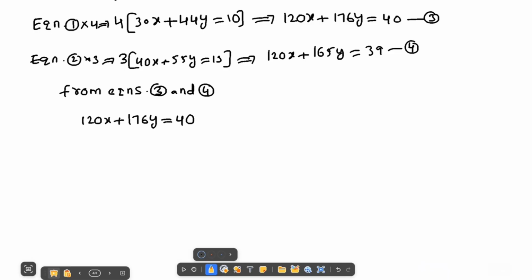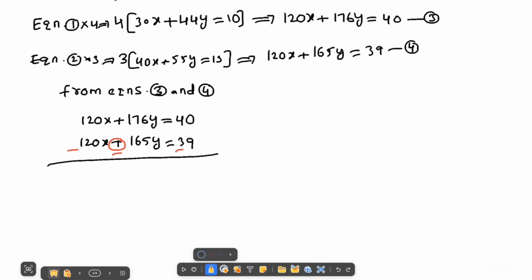Under that, write the fourth equation: 120x plus 165y is equal to 39. Now for subtraction, let's change the signs. Plus 120 becomes minus 120, plus 165 becomes minus 165, and this becomes minus 39.